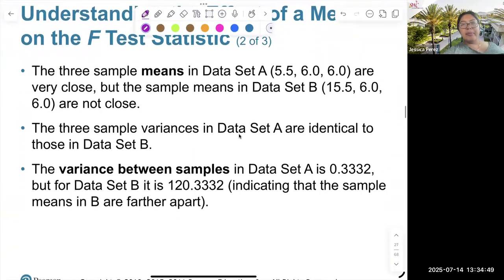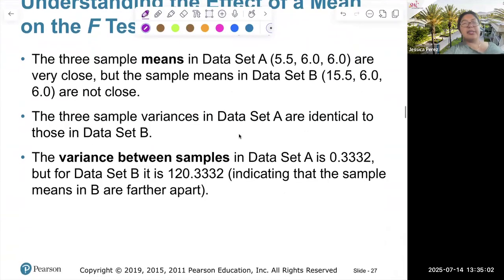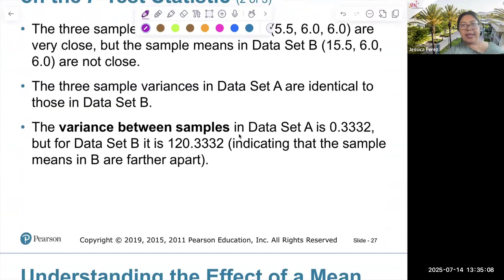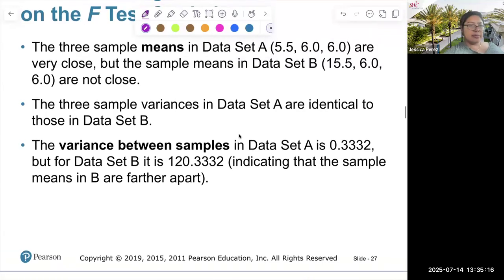So the 3 sample means in data set A are very close, but the sample means in data set B are not that close, and that's because of the 15.5. The 3 sample variances in data set A are identical to those in data set B. The variance of the sample means in data set A is 0.332, but in data set B it is 120, indicating that the sample means are farther apart.